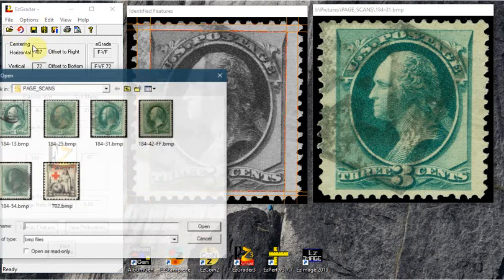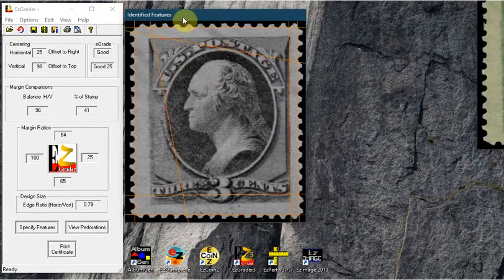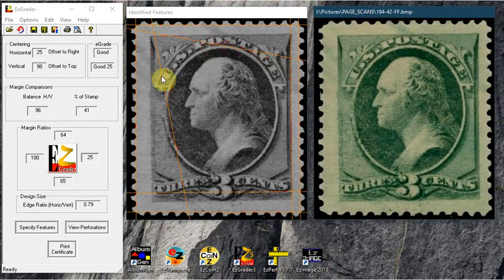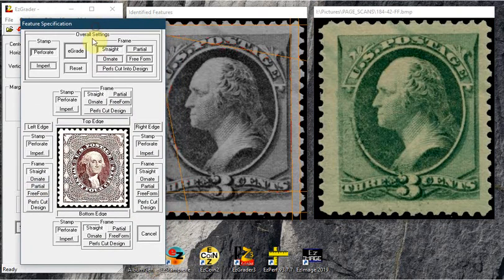Let's look at the next one. So here's one of those stamps where EzGrader could not get the design correct. What we need to do here is specify the feature to properly detect the centering, and a lot of times there's not enough contrast between the design and the border of the stamp, and it can cause issues.